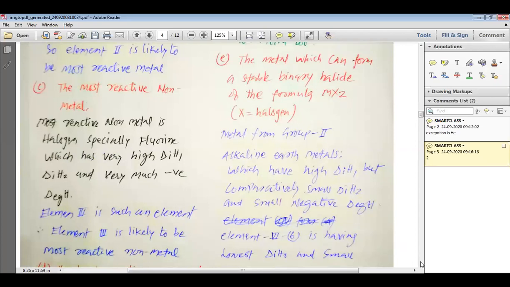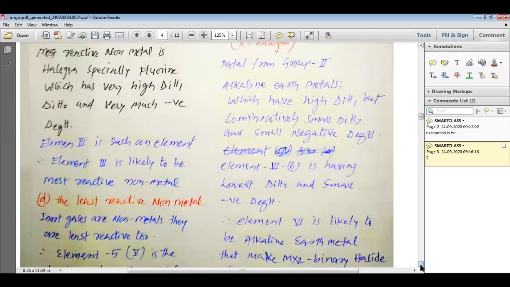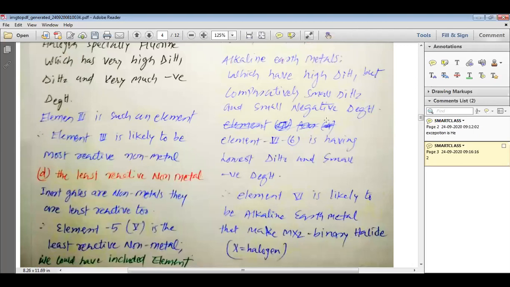So the metal is from group 2, the alkaline earth metals, which have high first ionization enthalpy, but comparatively small second ionization enthalpy. The first ionization enthalpy is higher than the alkali metals, but the second ionization enthalpy is comparatively smaller than the alkali metals, and they have small negative electron gain enthalpy.